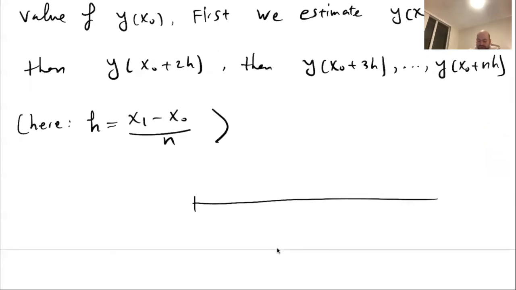So here is a picture. x naught. Then we go to x naught plus h. Then we go to x naught plus 2h, x naught plus 3h, all the way until we reach x1. Why are we doing this?